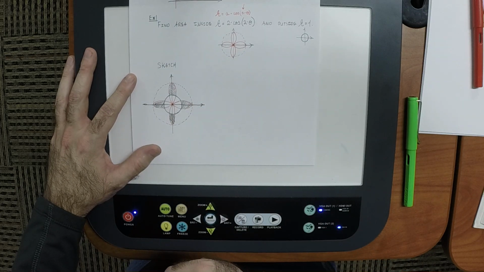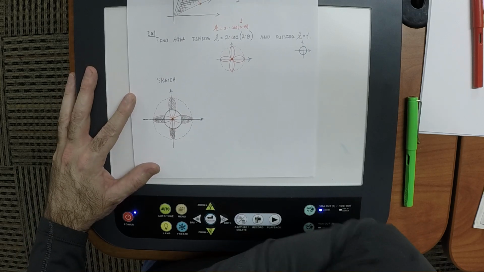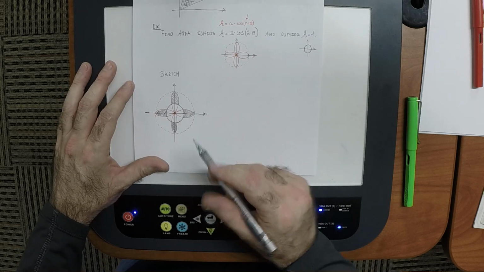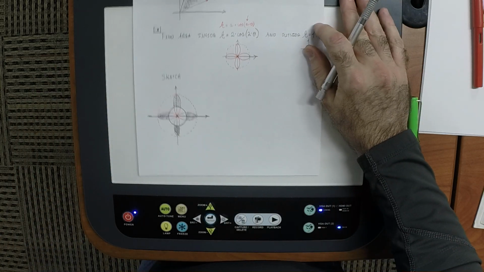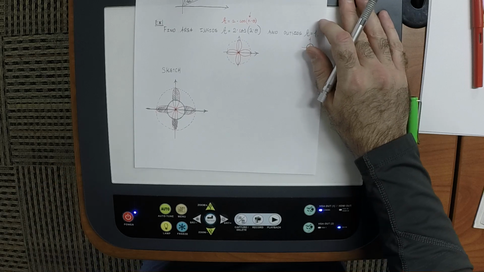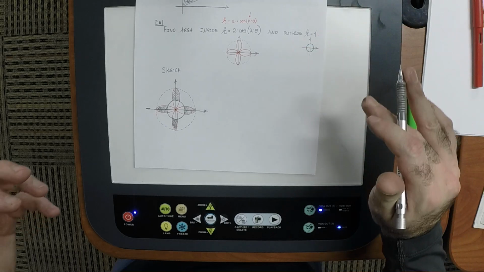And our mission, should we choose to accept it, is to find that shaded area. Now, this is a symmetric picture, which means that if we could find the area of just one of those bits, then we could find the area of the whole thing by multiplying by 4.